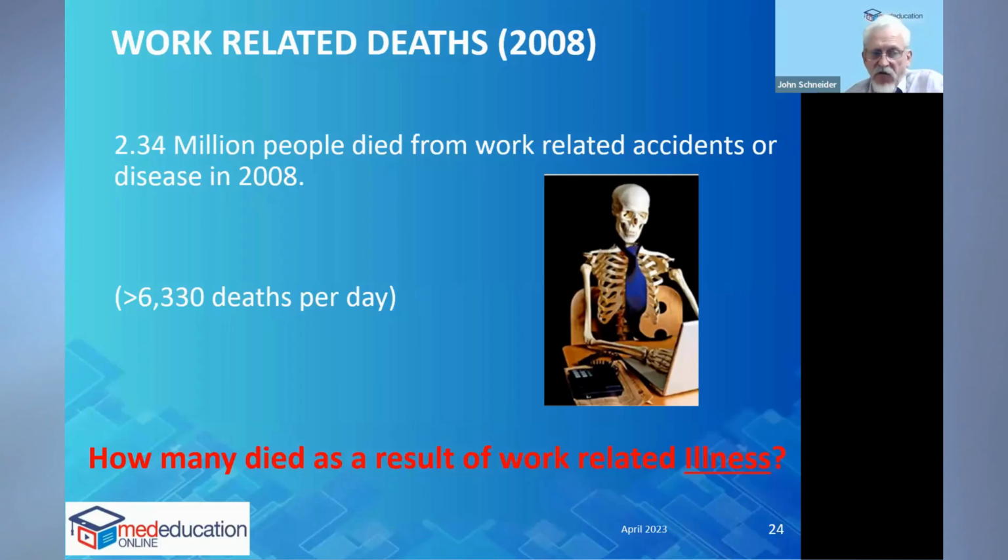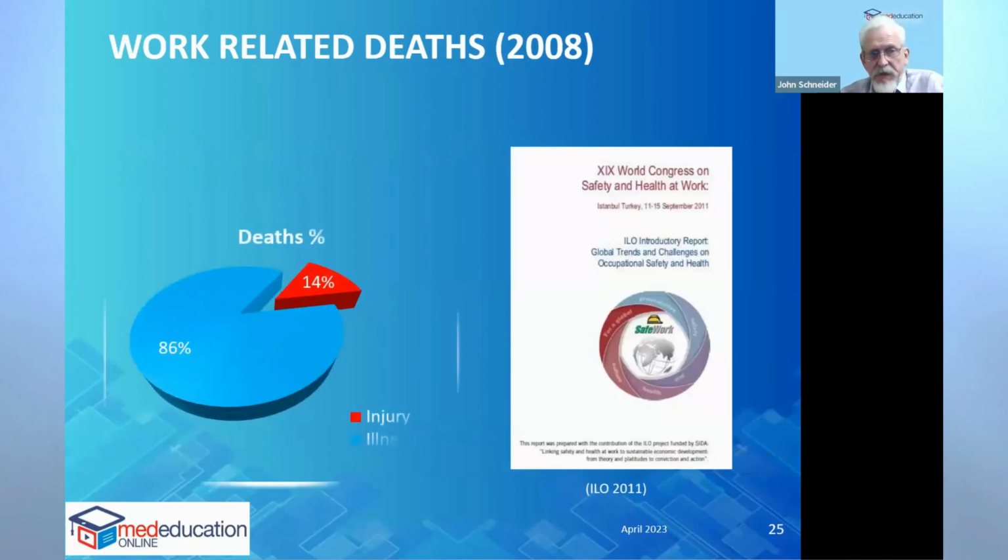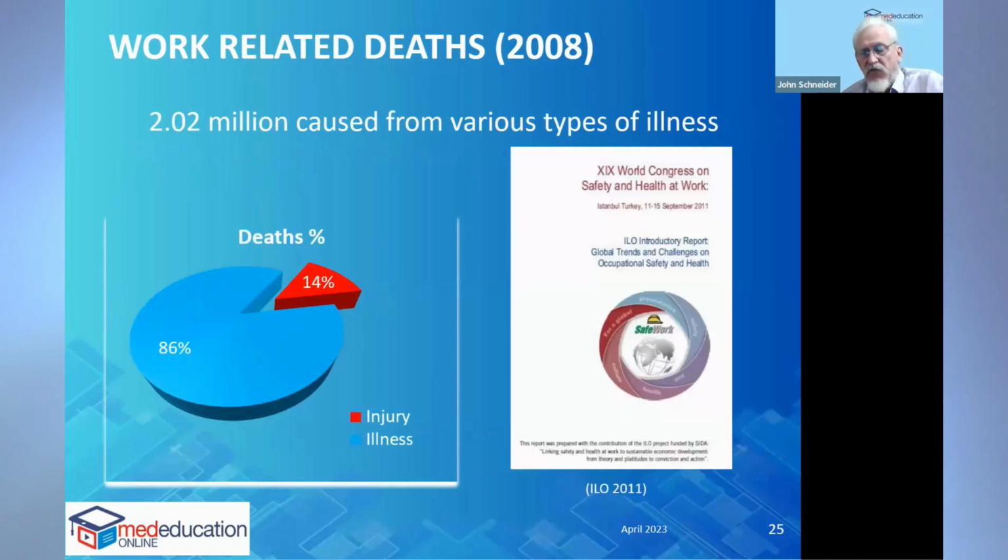What we need to be aware of, though, is the next bit. How many of those died as a result of work-related illness? Next one. And if you look at statistics and workers' compensation data, particularly where I work, you'll find that the biggest reported health issues from work are usually associated with traumatic injury, burns, broken bones, cuts, other forms of trauma.